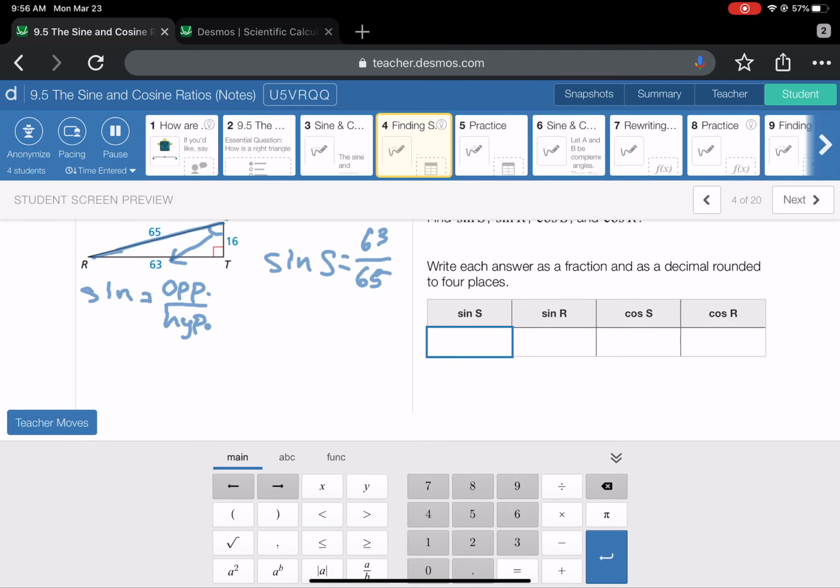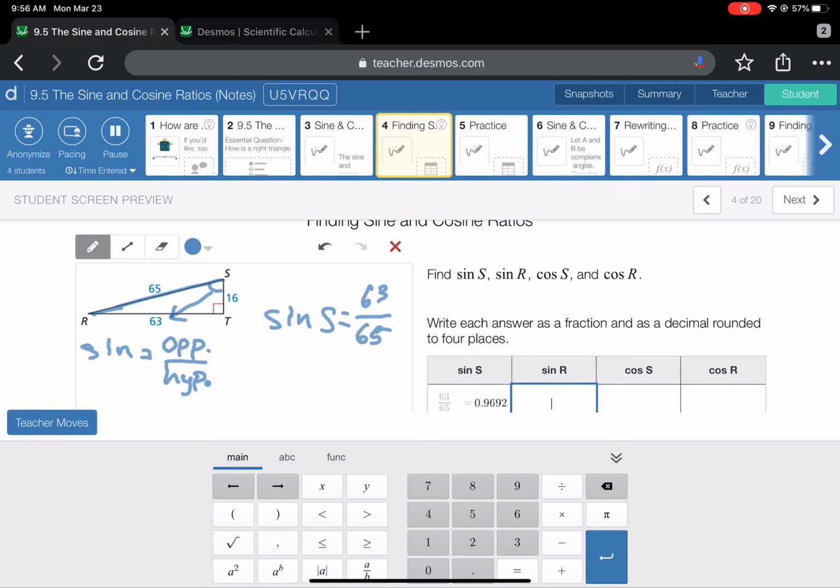I'm going to type that in right here: 63 over 65. That would be the sine of angle S, which is 0.9692, rounded to 4 decimal places.